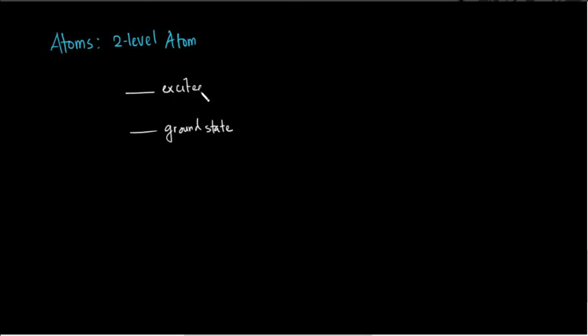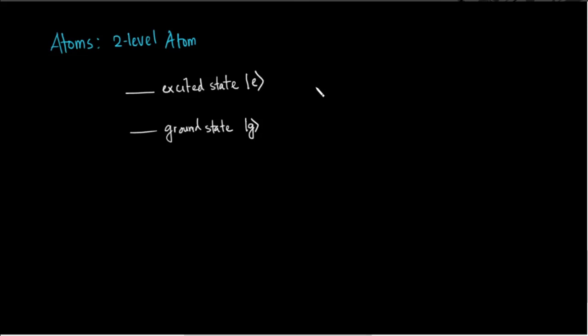If the atom can be either in one of these two states, if I have a two-level atom, a two-energy state atom, suppose this is represented as the state G for ground state, and this E for excited state.